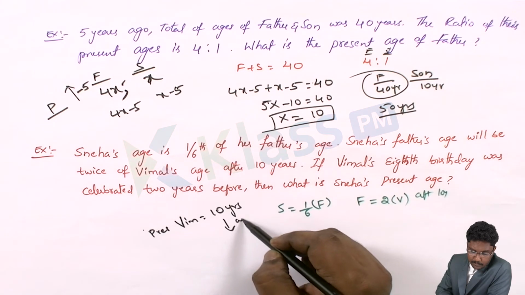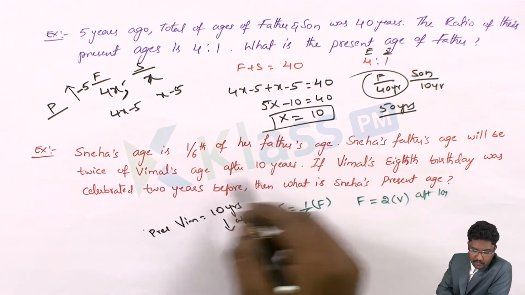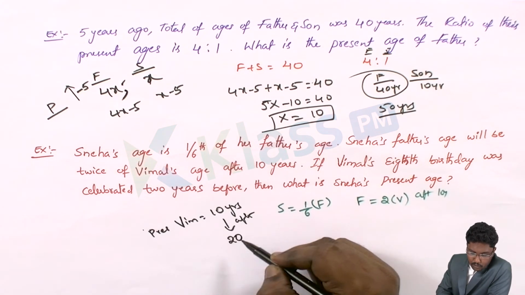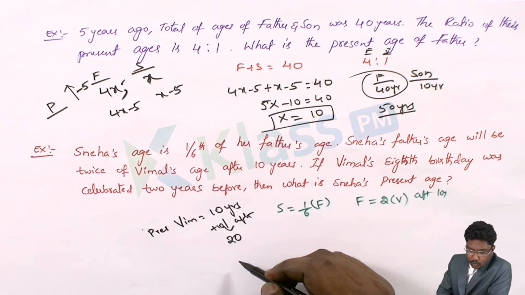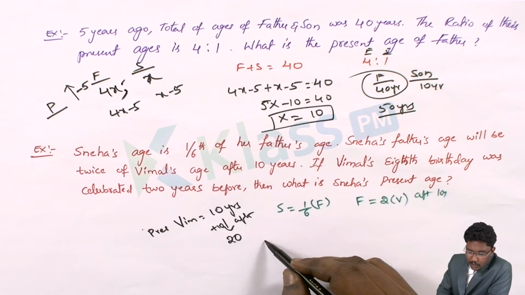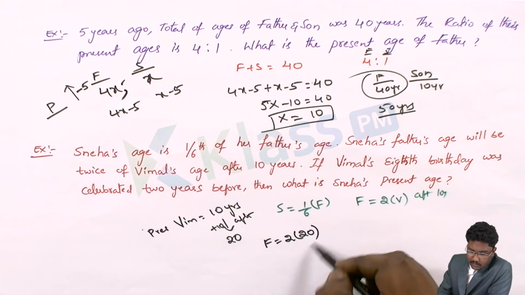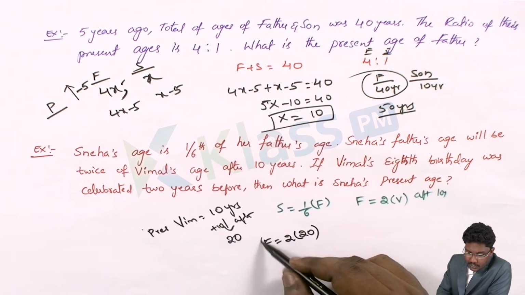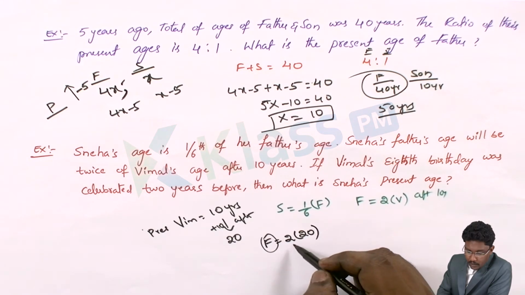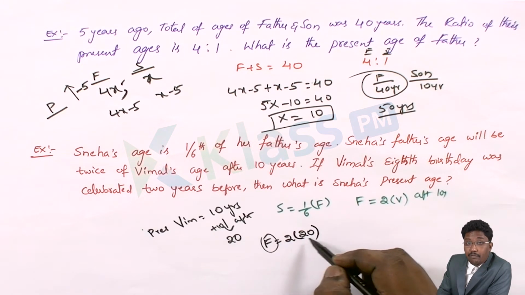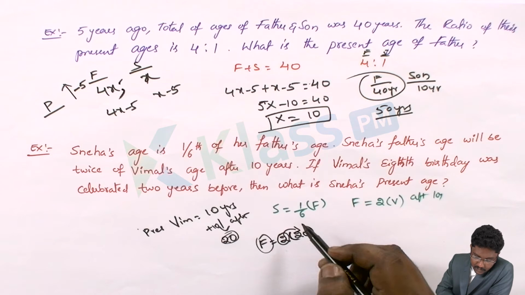After 10 years, include one more 10, it is 20. After 10 years, Sneha's father will be 2 times Vimal's age. After 10 years, Vimal's age is 20 years, so Sneha's father's age is twice Vimal's age after 10 years.